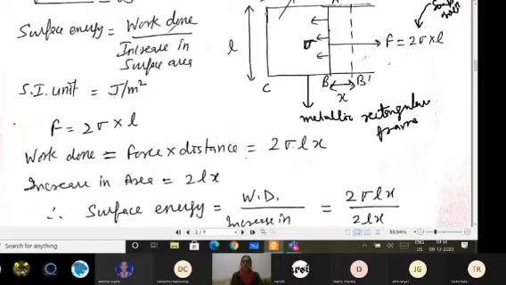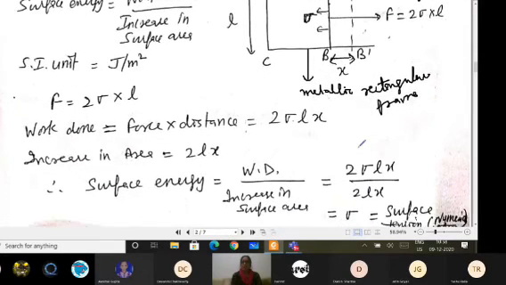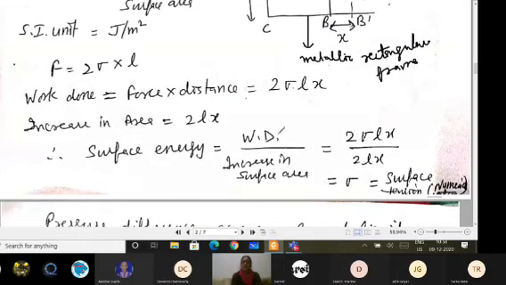From the formula, we put the value of the work done, which is 2 sigma Lx. How much is the increase in area? That is the final area minus the initial area, or simply the increase in area is twice L into x, so 2Lx.